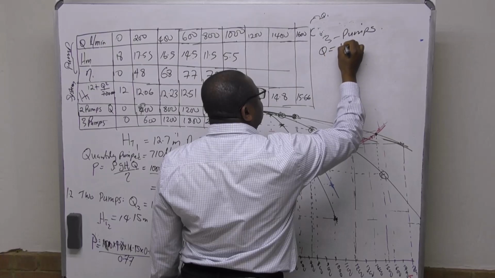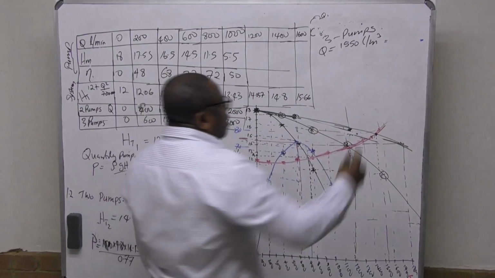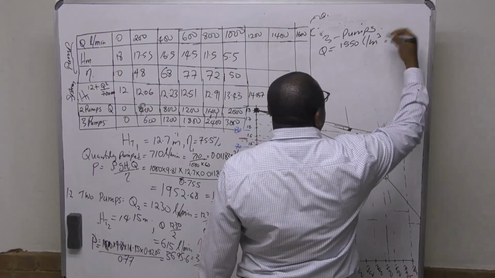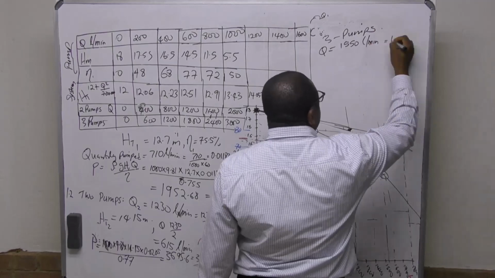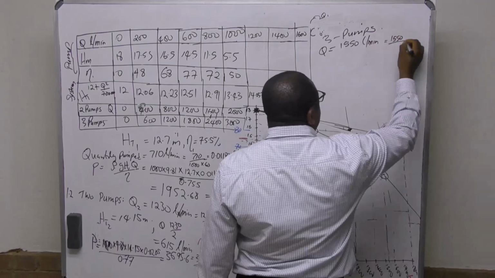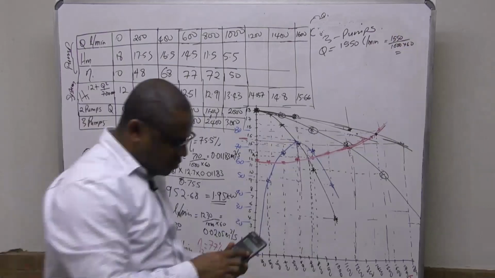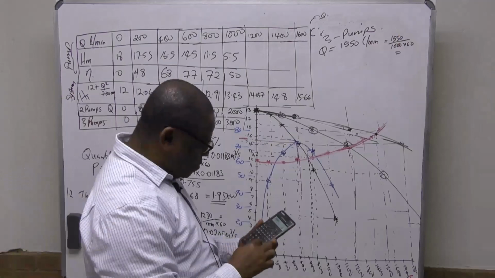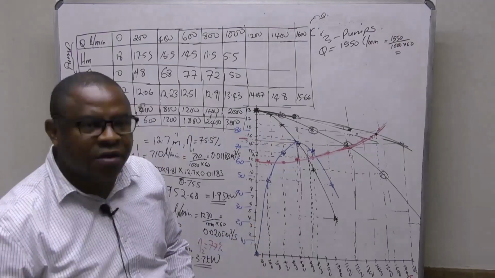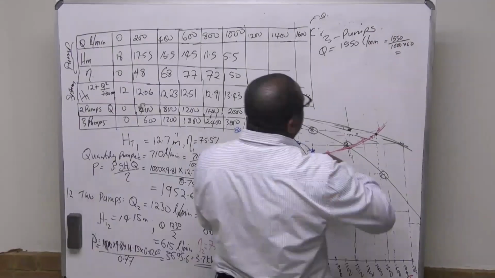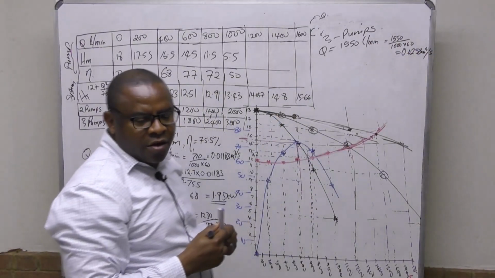So Q is 1,550 liter per minute, of which you can convert it to meter cube per second. Okay, at least we have that Q.